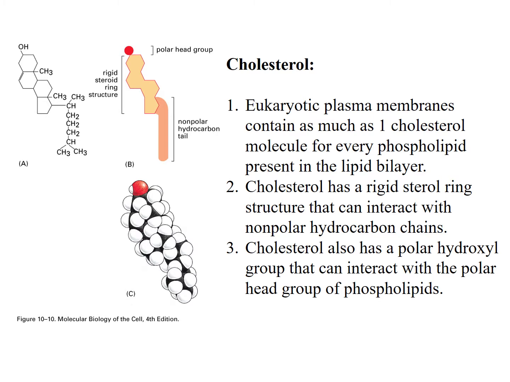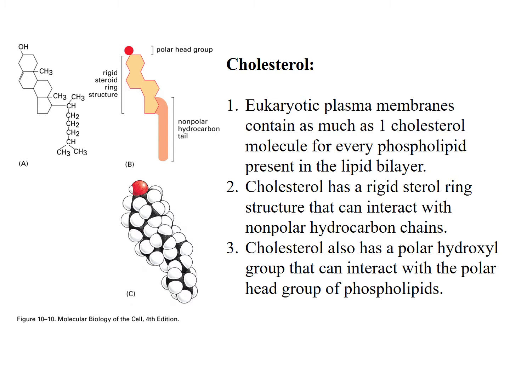And here's cholesterol. It's shown here that's very much related to steroids. Here's a rigid steroid ring structure with a nonpolar hydrophobic hydrocarbon tail here. So it does have up here a small polar head group.